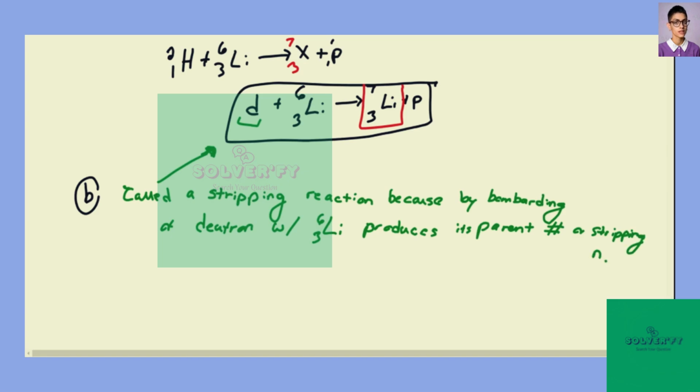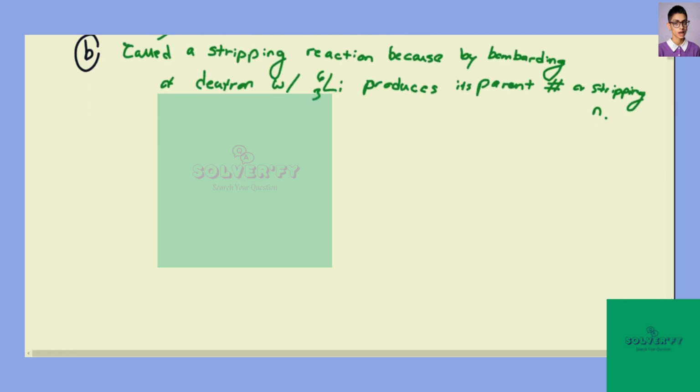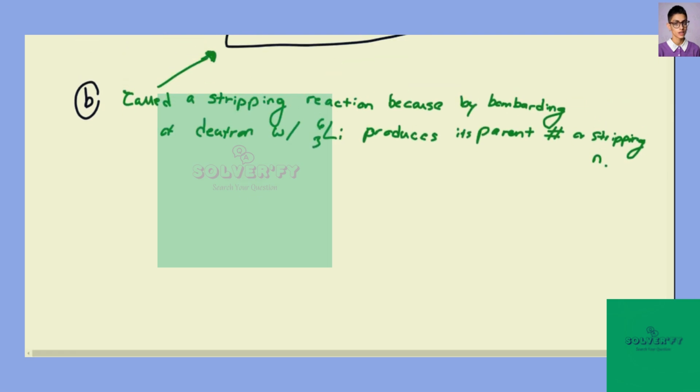Okay, so now it wants us to find the Q value and if it's endothermic or exothermic. So now we can add this and you can just look at your periodic table for the values.